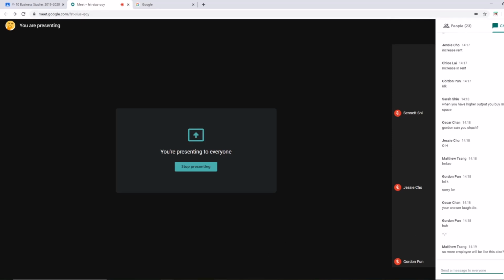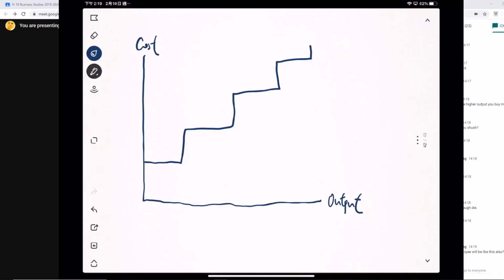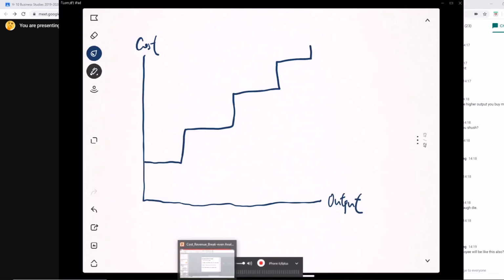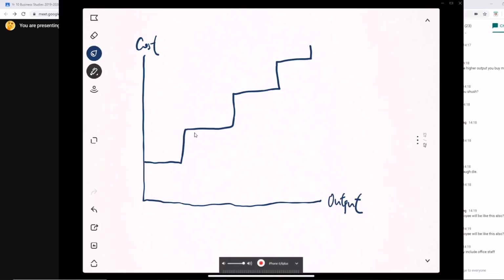But you know what? This is out of the syllabus. I'm just using this as an explanation to show you why we have that assumption. Because if you ignore this assumption and use this kind of curve for your break-even analysis, you're going to find it very difficult to show the analysis.